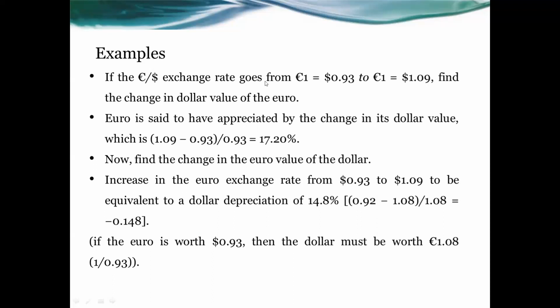Definitely you are getting a minus value, right? Let's write it here. Based on our first formula, old value 0.93 minus new value 1.09, and you divide this by 1.09.